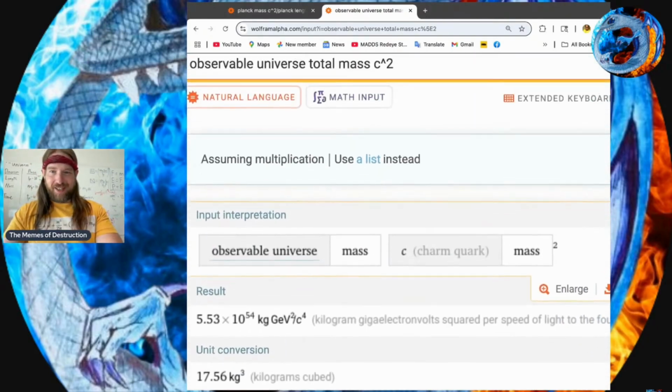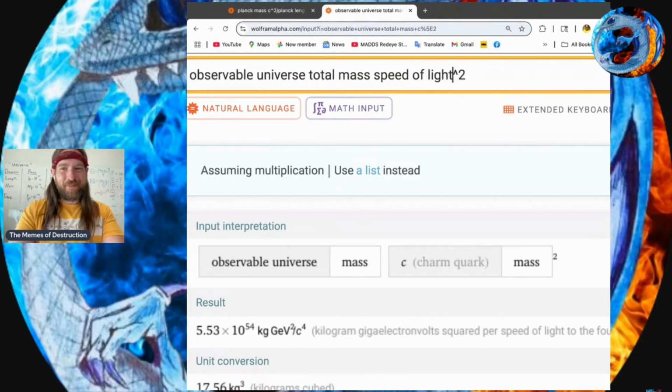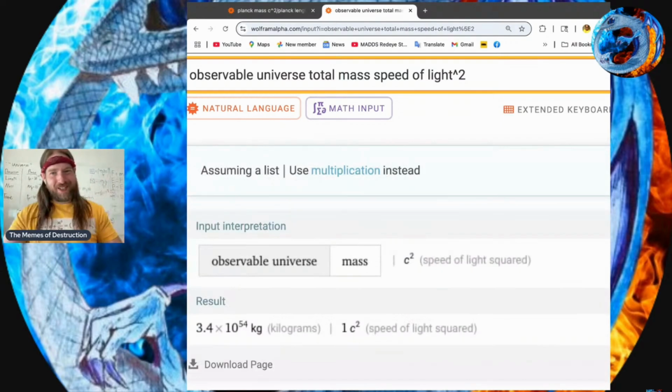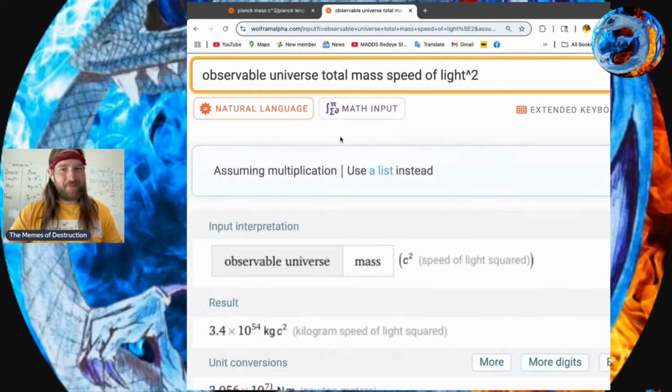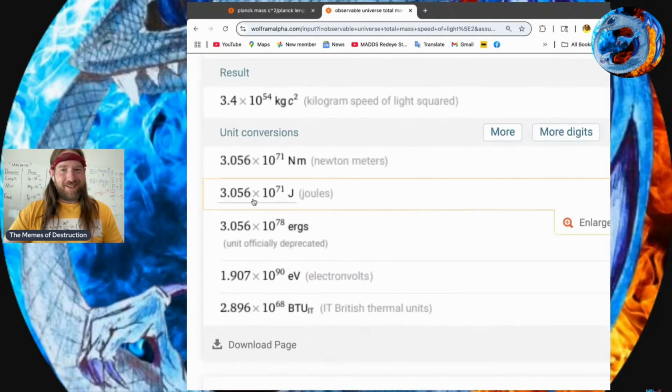Oh my God, it's multiplying by the charm quark. That's not what we want. We want the speed of light. It's because we used a bunch of words, so I wasn't quite sure. All right, and we want multiplication. Okay, it's going to give us energy. So this is the total estimated mass energy of our observable universe.